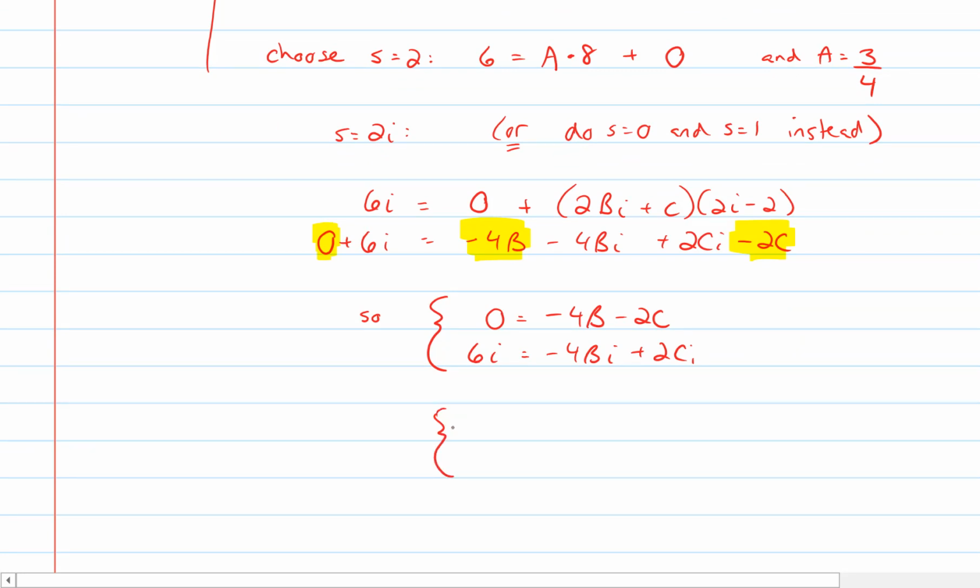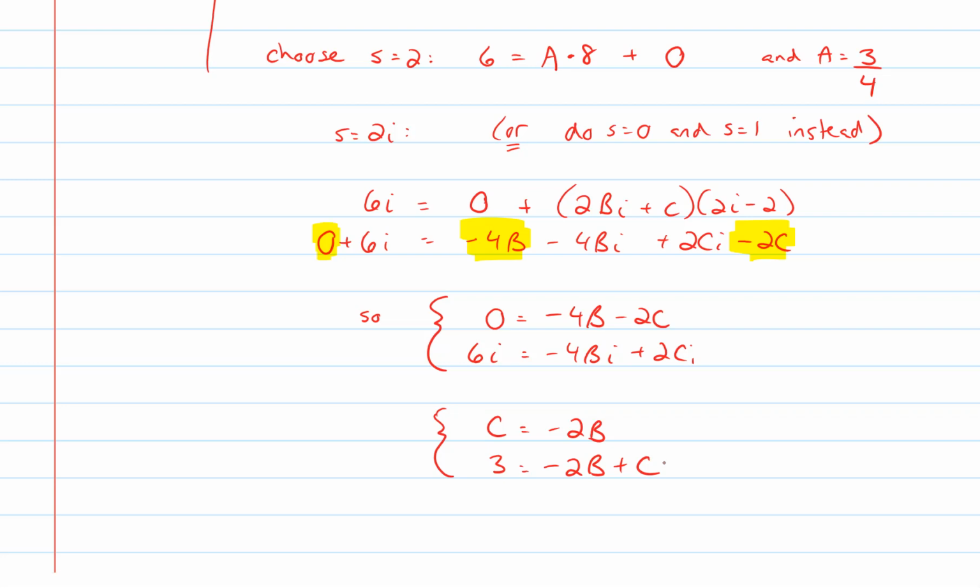which if you solve the top equation for c, you get c is equal to negative 2b. If you take the bottom one and divide each side by i, and then divide each side by 2, you get 3 is equal to negative 2b plus c. And if you simply make a substitution here, then negative 2b down here, if you replace it with c, you get that 3 is equal to c plus c.